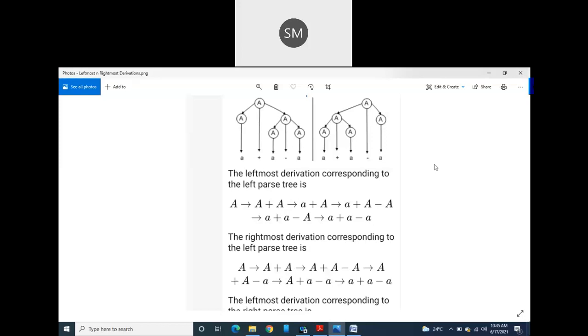Ambiguous is nothing but confusion. Since they create confusion in your mind, we call them ambiguous grammars.